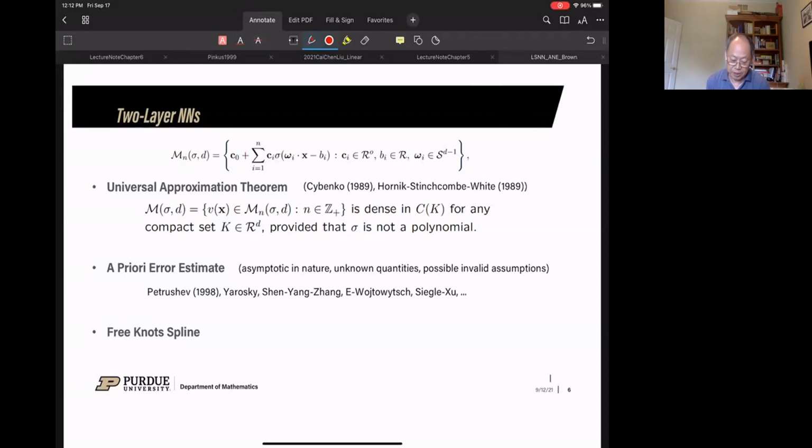Of course, recently there has been a lot of research about convergence rates, error estimates, etc. I won't mention much about that.